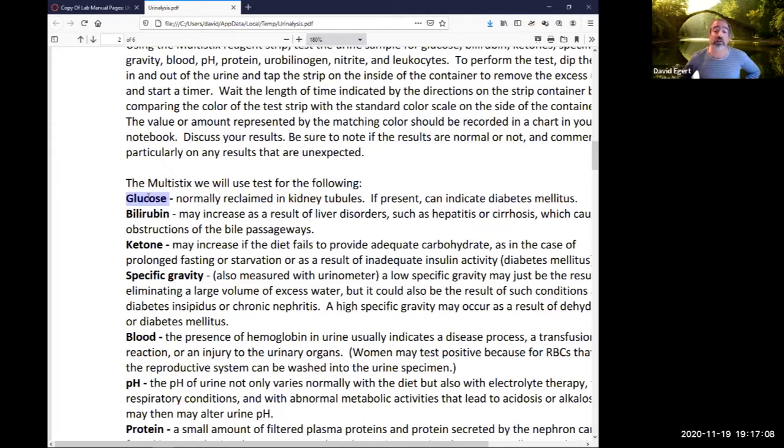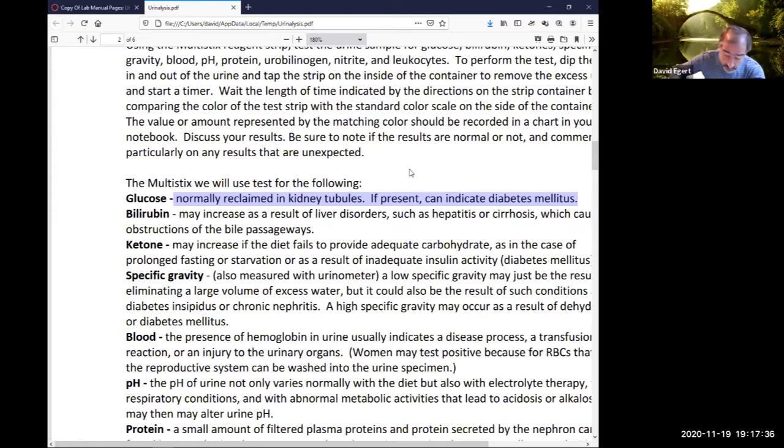It could be you've just totally sugar binged and you've overloaded your body with so much sugar before it's had a chance to adjust and you're spilling over some. But typically, it's considered a sign that you have diabetes mellitus. This is the type of diabetes where you have a dysregulation of how you regulate glucose.